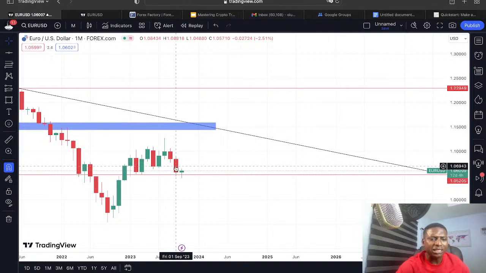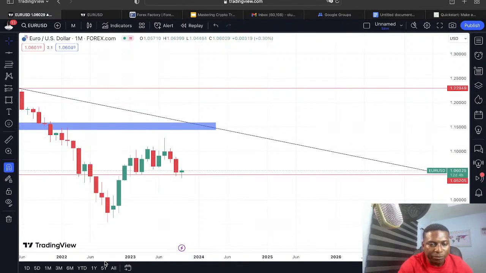That is telling us that there is a bearish momentum playing out, and this bearish momentum is still very much around the corner, which is something we need to pay attention to.